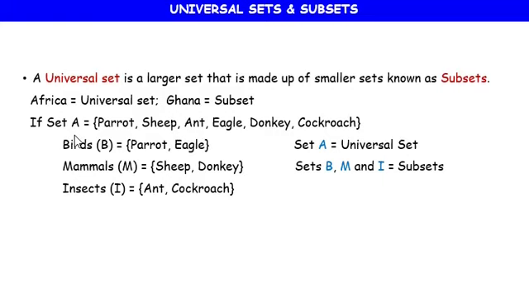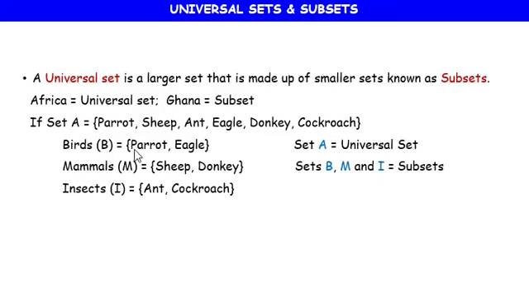So for sure, set A will be the set of all animals. Parrot, sheep, ant, eagle, donkey, cockroach, they are all animals in general. But then we can look at common characteristics that bind some of the members together. We can group parrot and eagle in a different set.